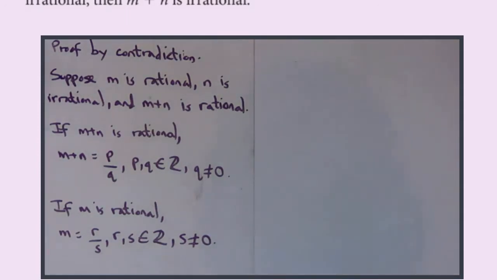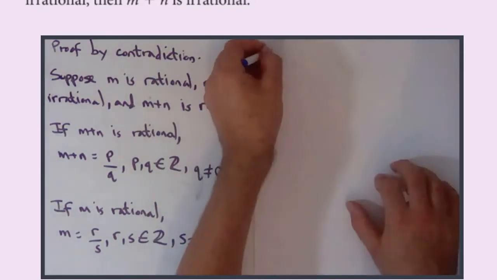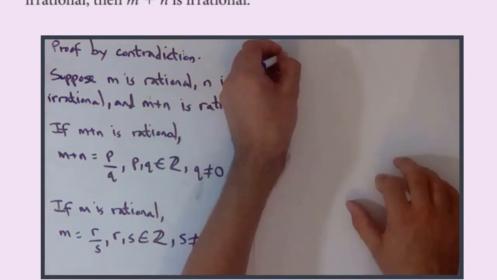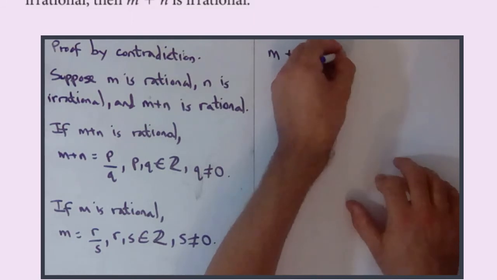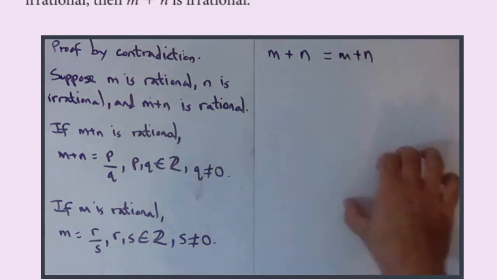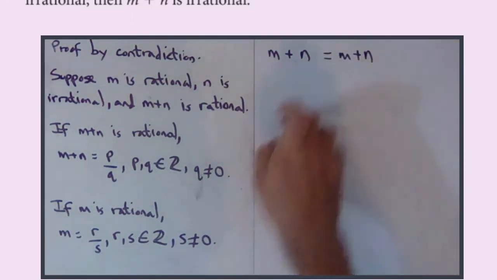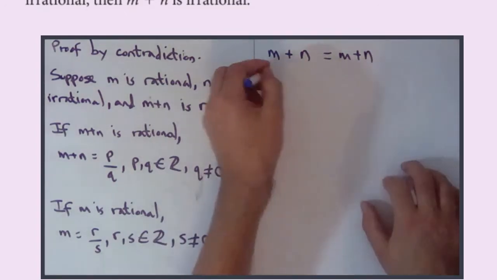Right, so now we're going to write down what we know. We're interested in m, n, and m plus n. So m plus n equals m plus n, and we're going to write our m as r over s.